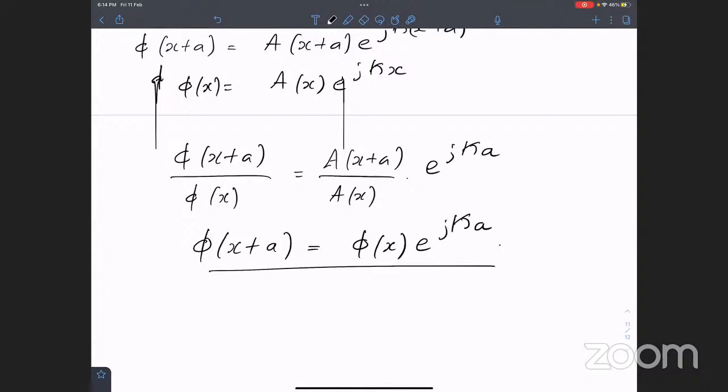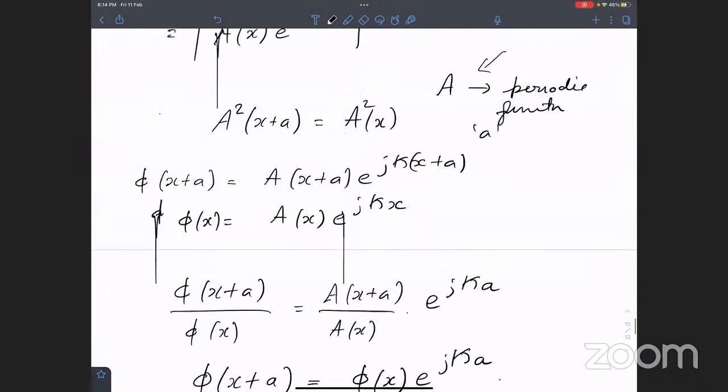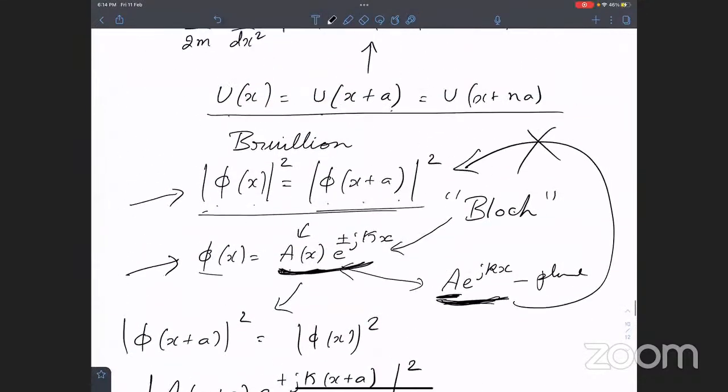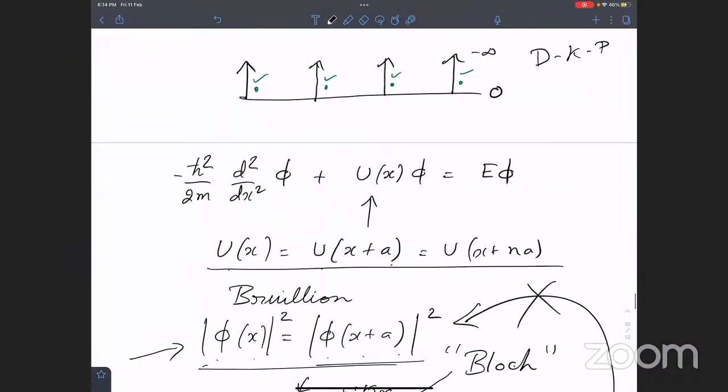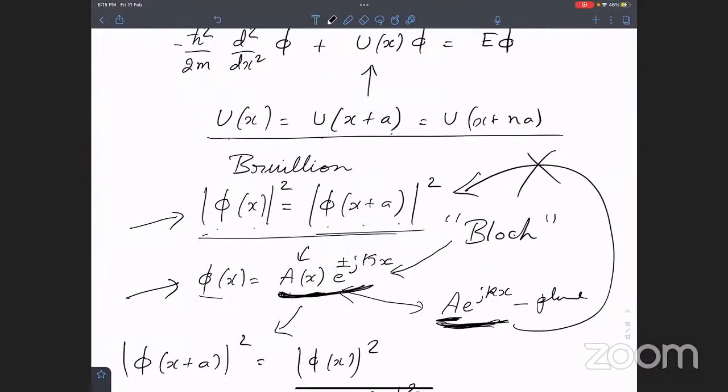This is a condition that we derive from the Bloch theorem. Bloch theorem says that the solution of Schrodinger's equation, when U of x is a periodic potential, must be of the form a of x, a function of x, into e to the power plus or minus jkx, where a as a function of x is a periodic function of x with period a.